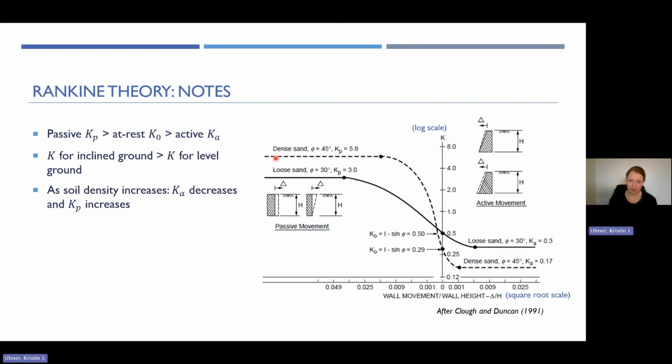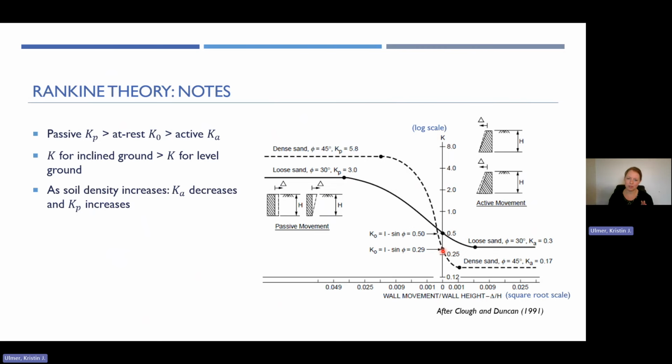So if we follow this dashed line, for example, for a dense sand with a phi prime of maybe 45 degrees, you'll see it start to dip down as your wall movement over wall height decreases, till you get to this point where you're at rest. If you're at rest, you can expect a lateral earth pressure coefficient around 0.29 for this dense soil.